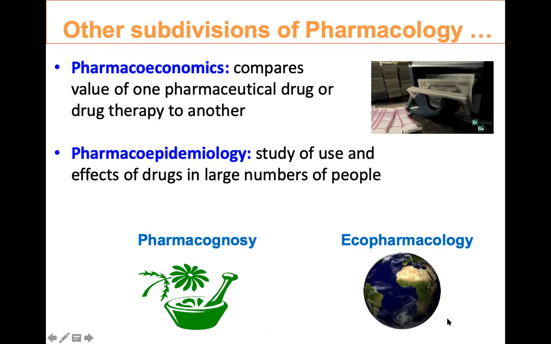And ecopharmacology deals with the environmental effect of our drugs, which come out in the stool or the urine or are dumped in the environment, and how they affect the flora and the fauna of our environment. That is dealt with in ecopharmacology.